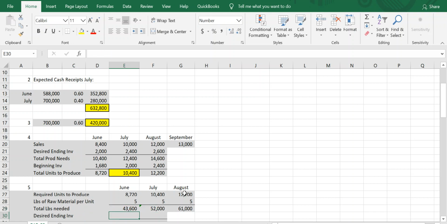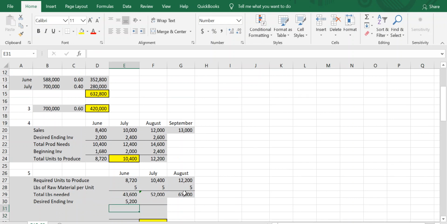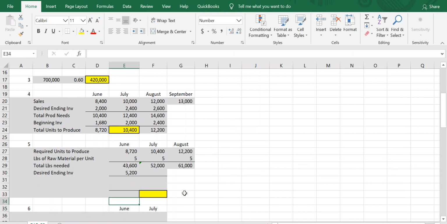So we're going to take, again, this July number times 0.10 to get the desired ending inventory of 5,200. We're going to add that desired ending inventory, that's 5,200 pounds, in to our production needs for June.